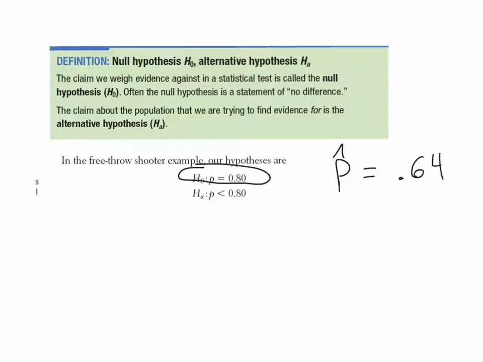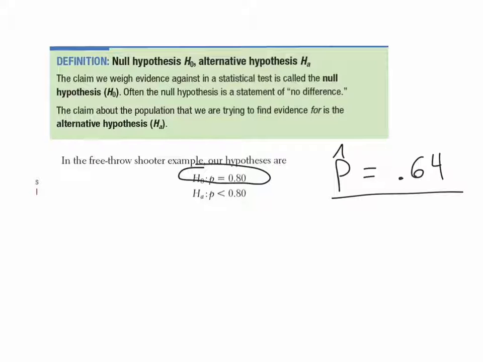What that makes us do is wonder, it makes us have an alternative hypothesis. Is he correct, or is his real shooting percentage less than what it looks like?